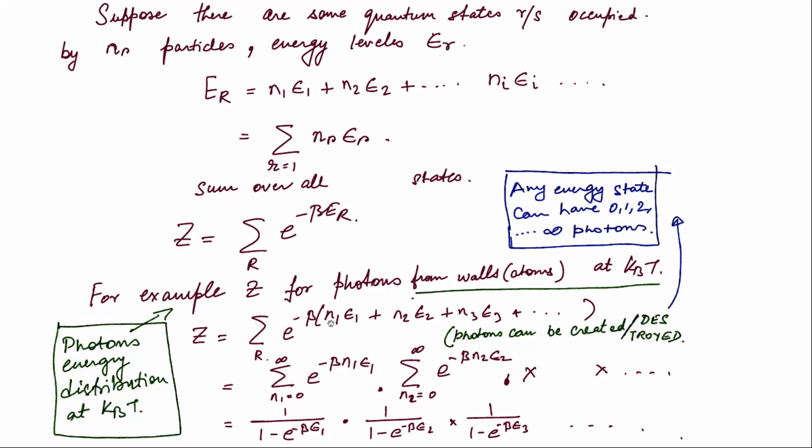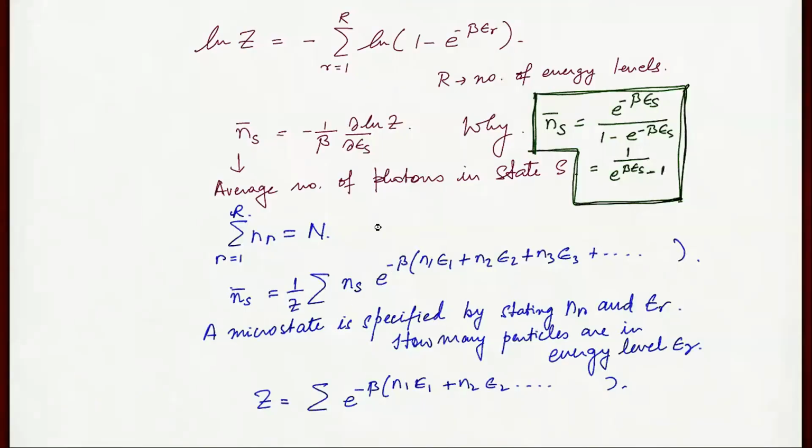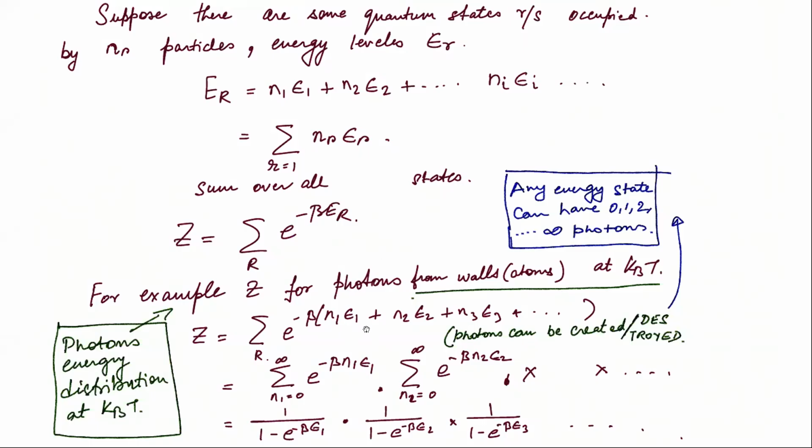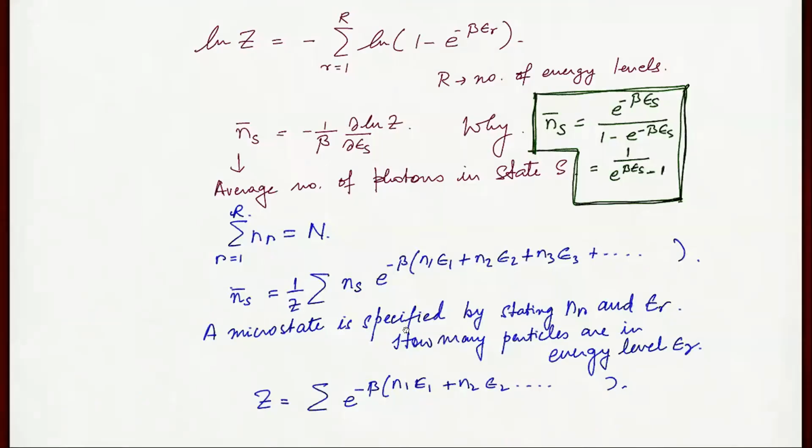And if you have that with the right probability for a particular energy, then you will get the mean number of particles corresponding to that energy level.